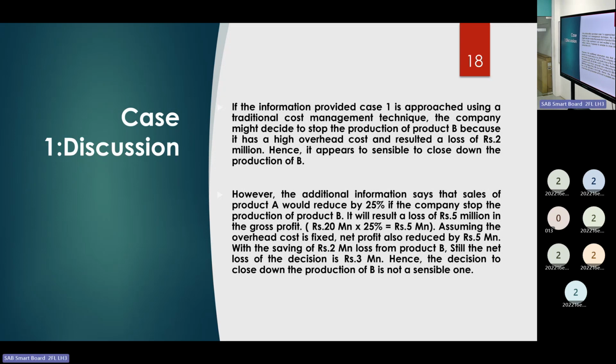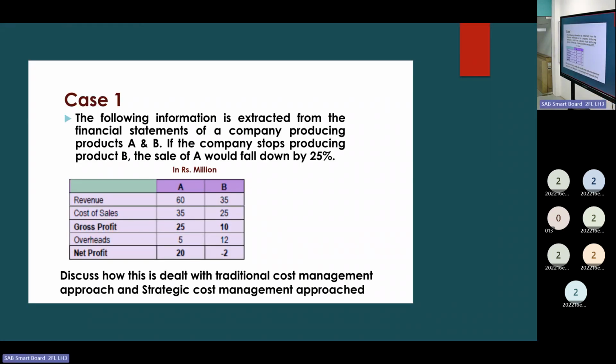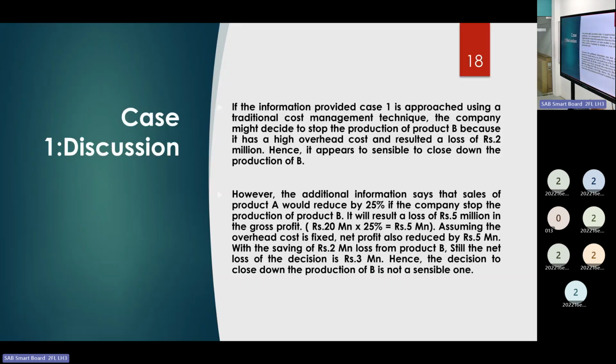Hence, it appears sensible to close down product B. Because you see that gross profit of A is 25, B is 10, overhead of A is 5, B is 12. So we ended up with the loss. So by dropping B, you can avoid the loss.